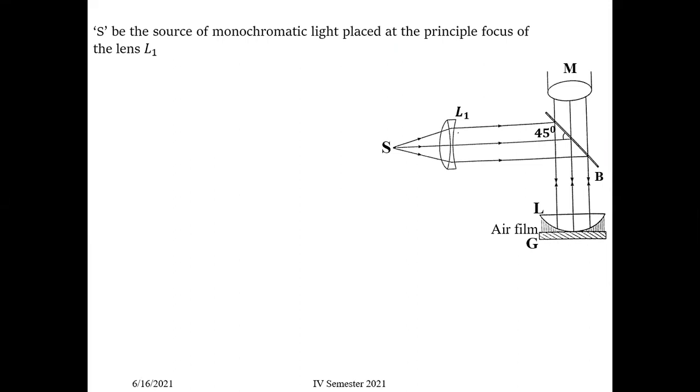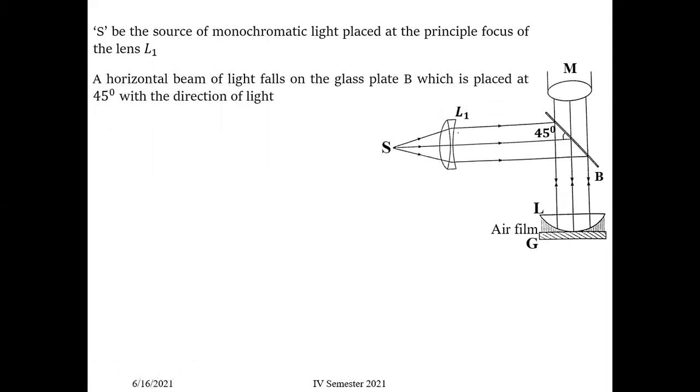The source is placed at the principal focus of the lens L1. The horizontal beam from the source falls on the glass plate B, which is placed at an angle of 45 degrees with respect to the direction of light.